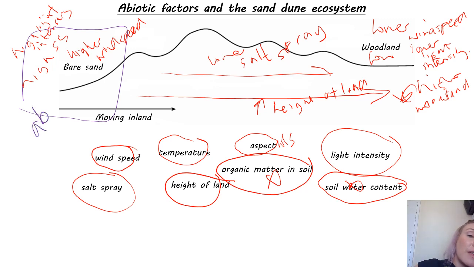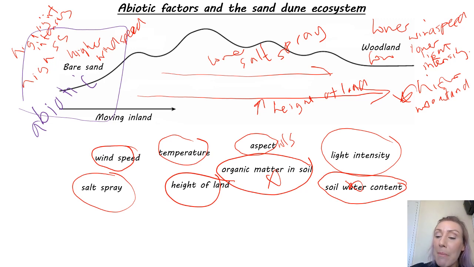So this is where the abiotic conditions really predominantly affect what organisms can grow and live there, and that's why there aren't very many organisms, because there aren't very many that are specially adapted to all those abiotic factors.